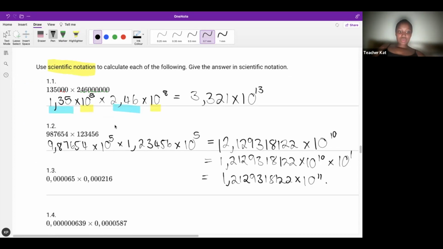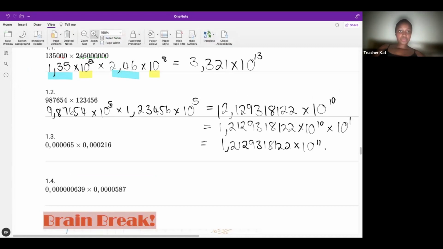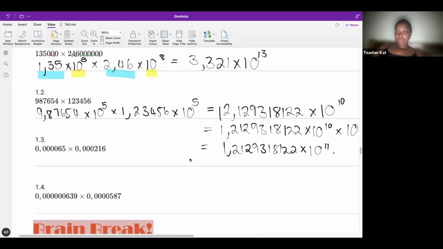Okay, I want us to do one last one. Let's do the absolutely last one. Okay, so where do I want my comma? For the first number of 1.4. After the 6, so it's going to be 6,39 times 10. Are we moving this comma left or right?